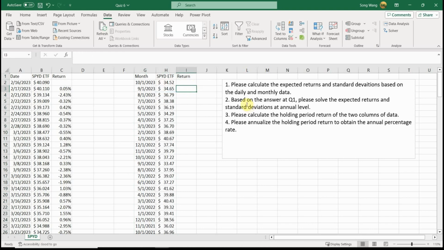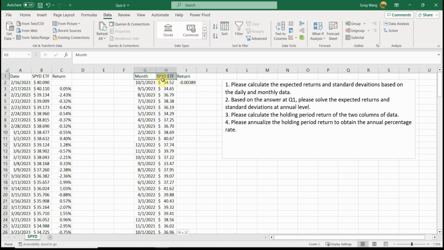You should use the later price divided by the earlier price. It's the same formula, but this time the earlier price is underneath. Okay, so that's how you calculate the return if it is in descending order.